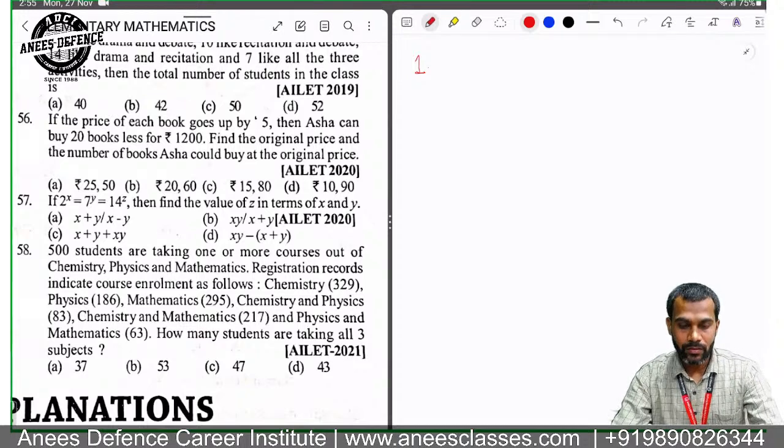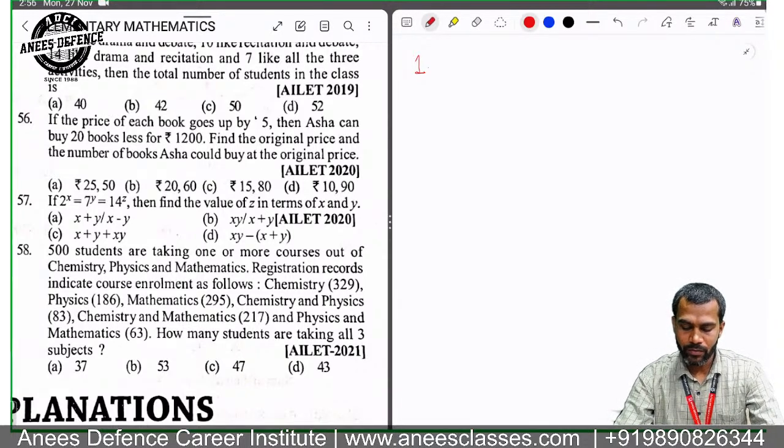Physics, 186. Mathematics, 295. Chemistry and physics, 83. Chemistry and maths, 217. Physics and maths, 63. How many students are taking all three subjects?